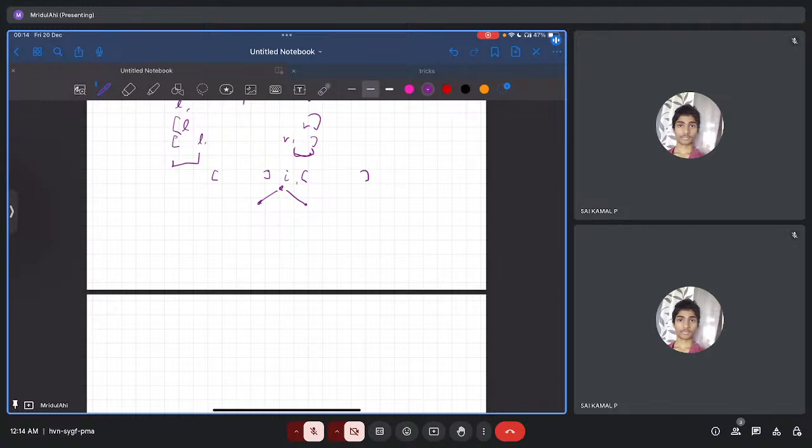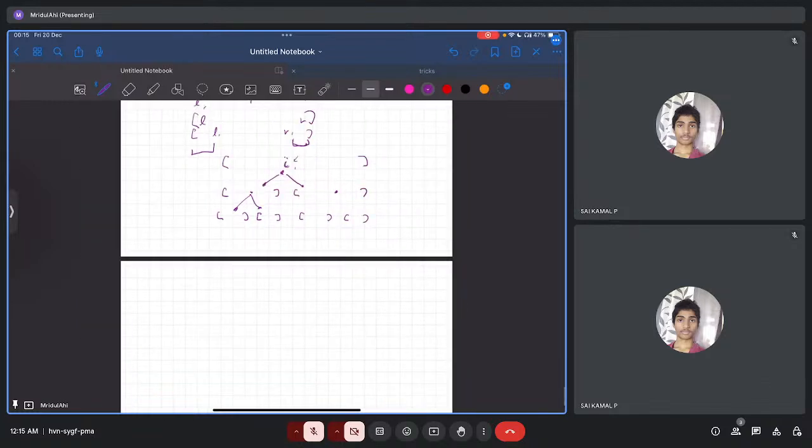The maximal range for the minimum to the left of this element would be till this index minus 1. And the maximal range for the right would be I1 plus 1 till the end. Then we repeatedly do this, finding maximal ranges for each element, and we have a binary tree of depth at most n.